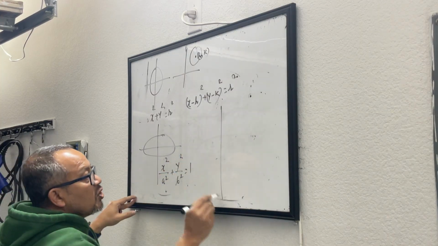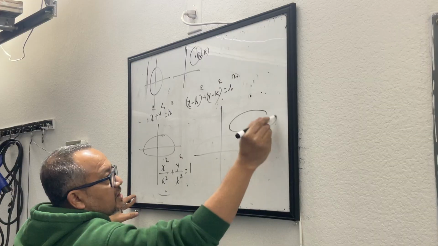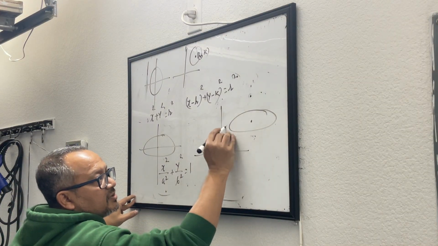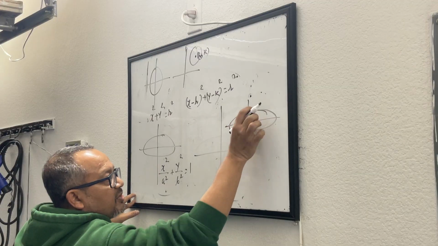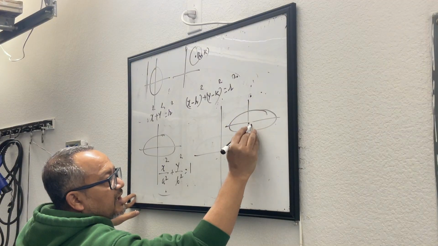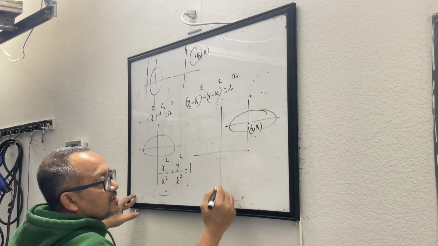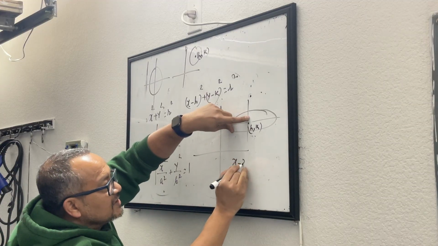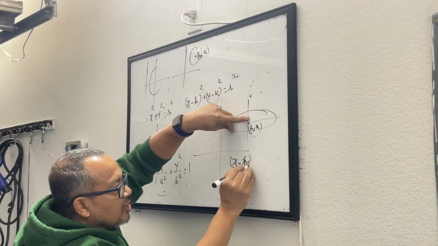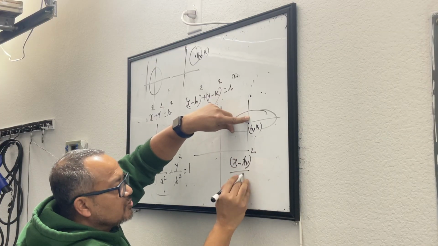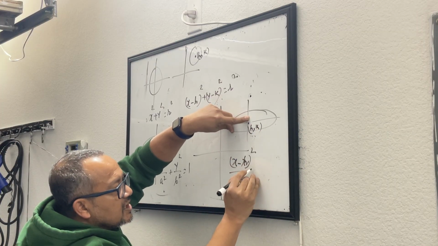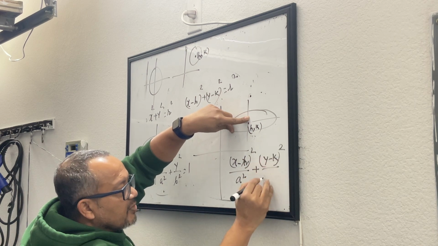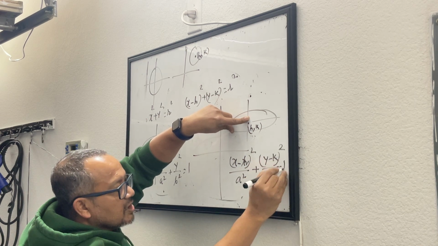If my ellipse moves and goes here, with the coordinates of the center being h comma k, then my equation will change to (x minus h) square by a square, plus (y minus k) square by b square equal to 1.